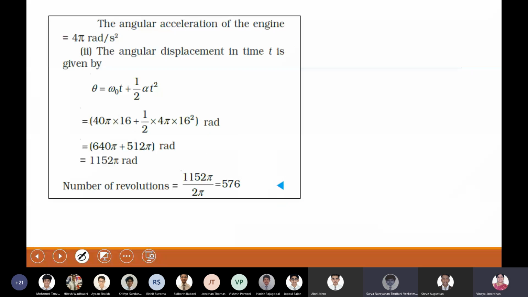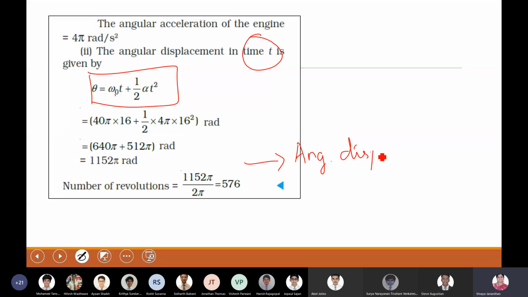You start by finding the angular displacement. This is the angular displacement in time t seconds. The time is given as 16 seconds. You find your angular displacement. So the number of revolutions will be the angular displacement divided by the angle displaced for one complete revolution.